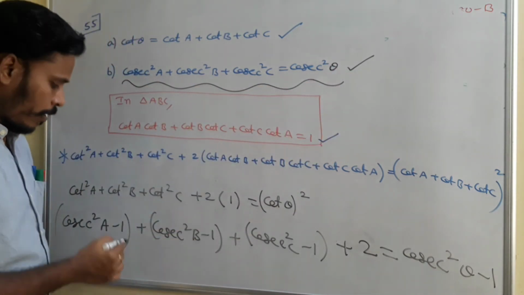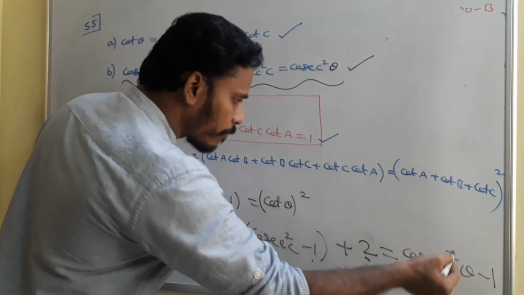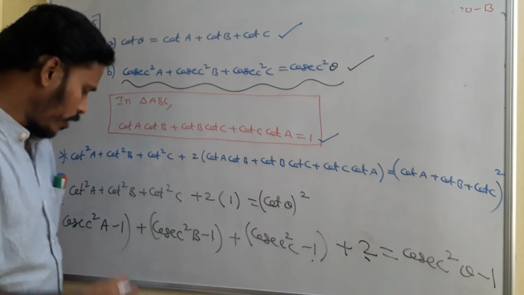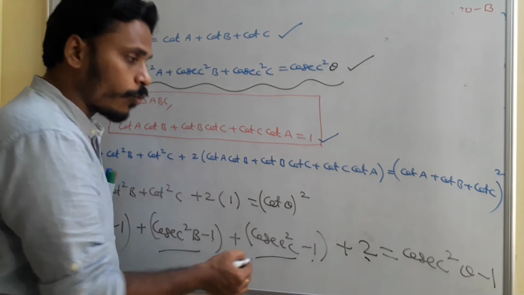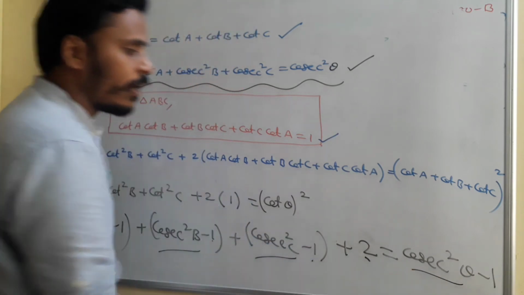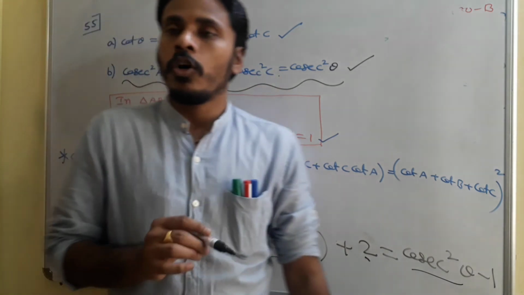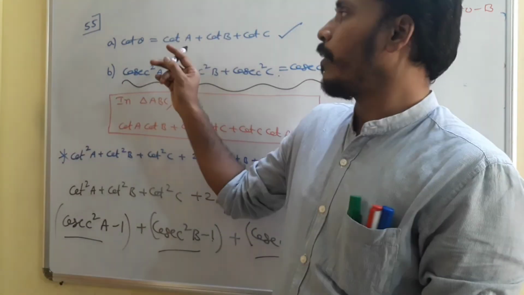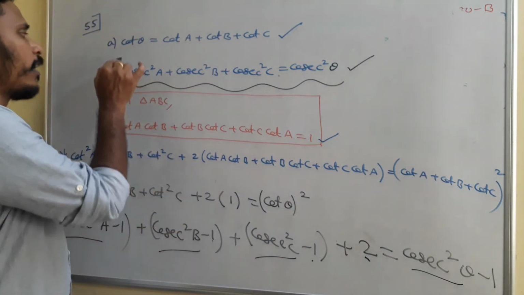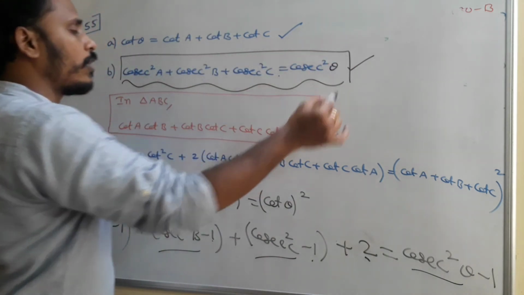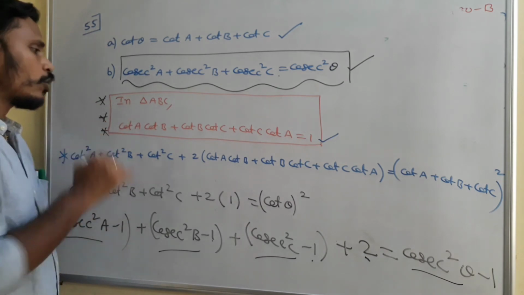If you simplify it, minus 1 minus 1 minus 1 plus 2 is minus 1, and that minus 1, everything will get cancelled. You are left with cosecant square A plus cosecant square B plus cosecant square C is equal to cosecant square theta. So the second thing is also proved. Once again, have a look. With the diagram we proved the first statement that cot theta is equal to cot A plus cot B plus cot C. Now to prove the second statement, cosecant square A plus cosecant square B plus cosecant square C is equal to cosecant square theta, we need to utilize this basic logic related to the triangle.